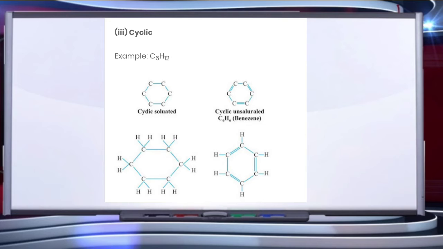Saturated cyclic hydrocarbons are also called cycloalkanes, and unsaturated cyclic hydrocarbons are also known as benzene. So figures are given over here. You can easily see that in the saturated one there is only the presence of single bonds, and in unsaturated ones there is a presence of double bonds.